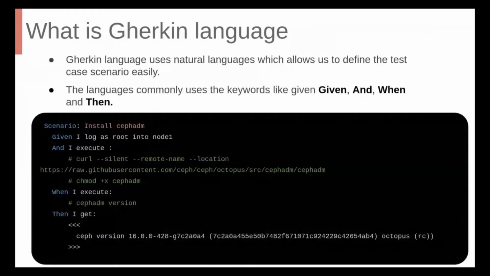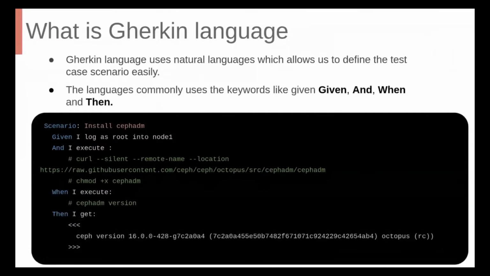The Gherkin language is similar to a natural language where we can define our test scenarios easily, and very helpful for not requiring very technical people to also define easily how the system should work. It simply uses given and when kind of keywords to run the scenario and assert the outcome of the scenarios.